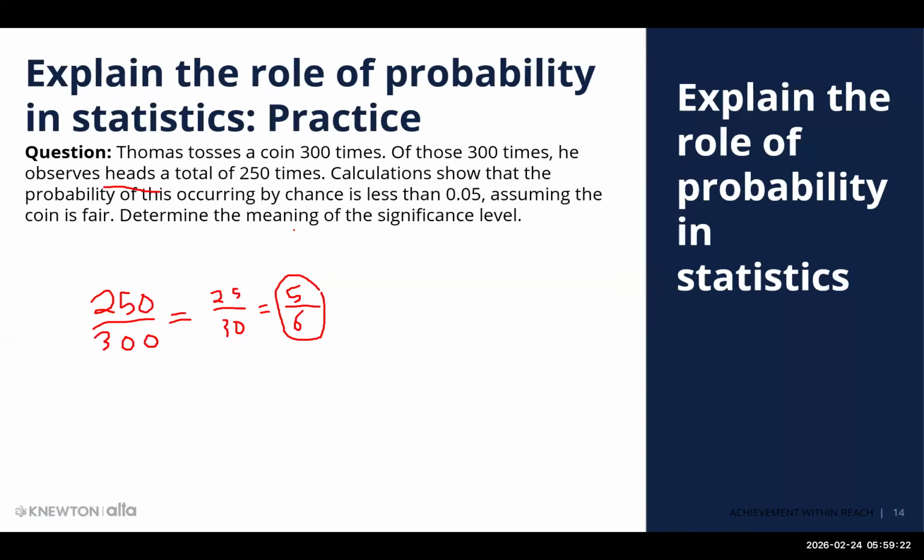Now there's something a little bit hidden here, because it says calculations show that the probability of this occurring by chance is less than 5%. There's a hidden computation here that we're going to learn about later, but what you have to imagine is all the things that could happen when you toss 300 coins.